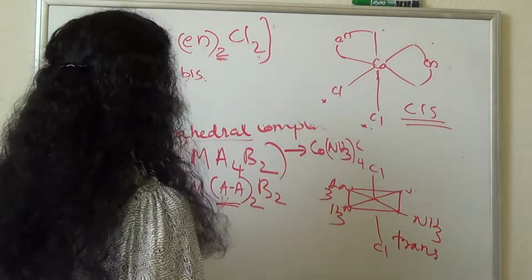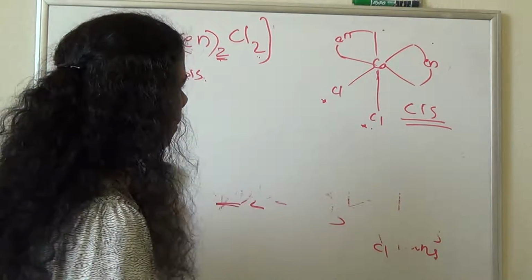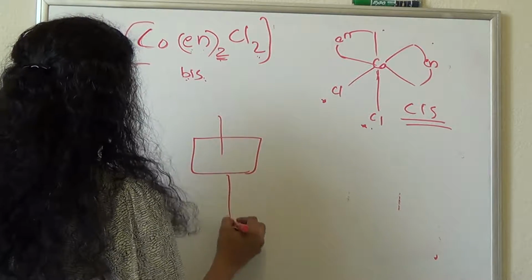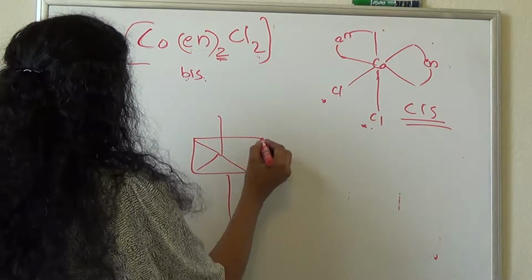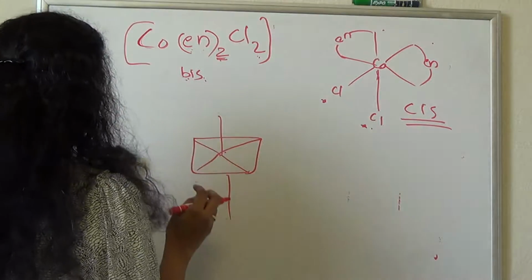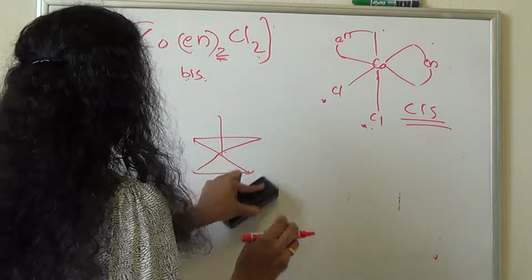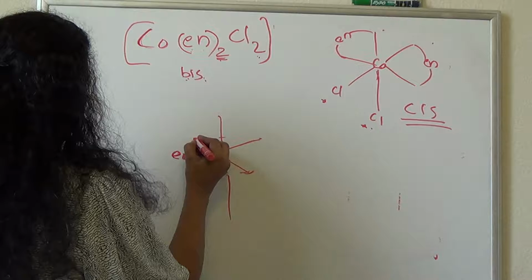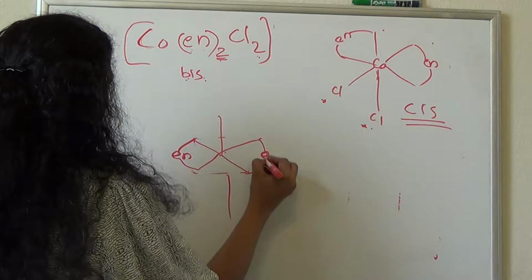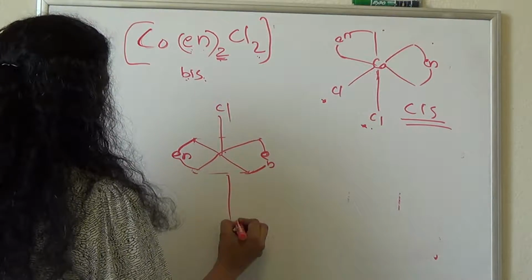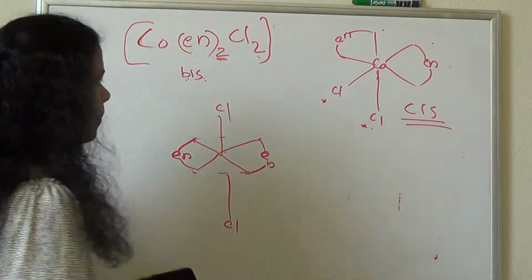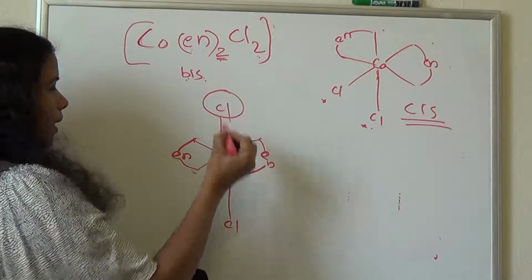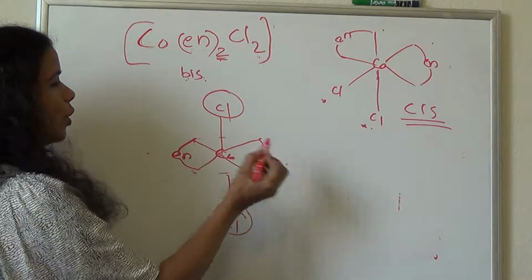Then we can draw the trans isomer also. This is a trans isomer because the same ligands are on the opposite side.